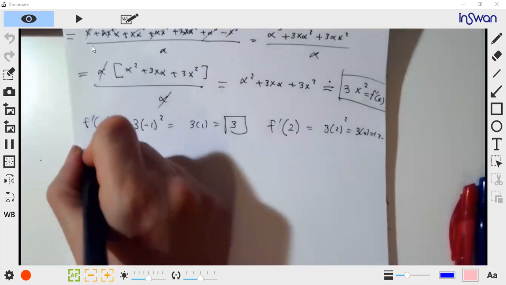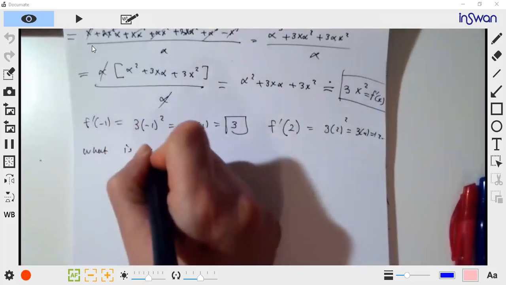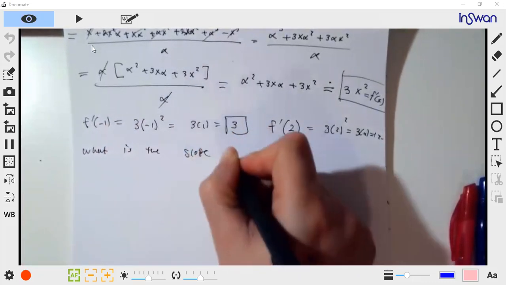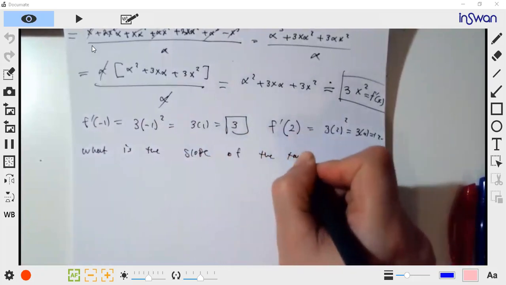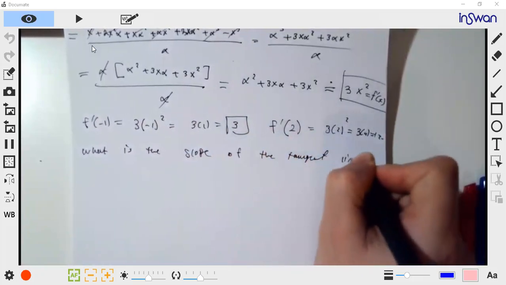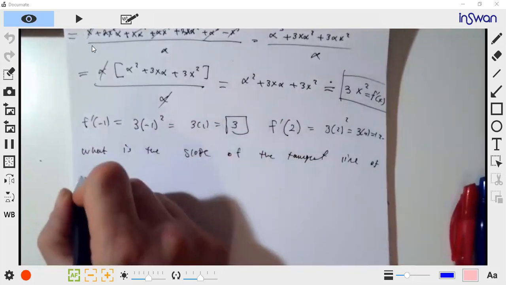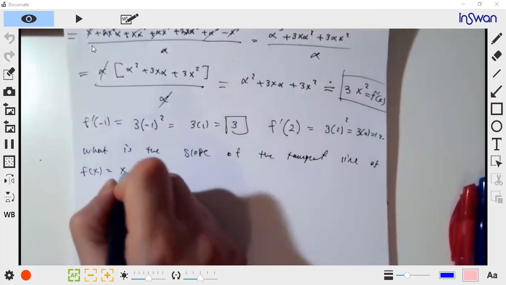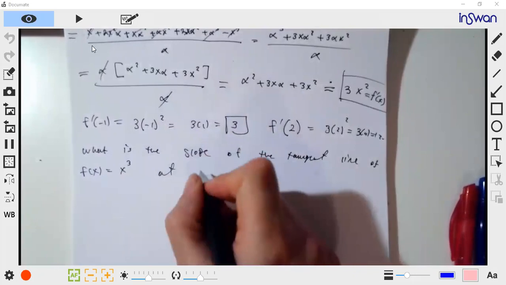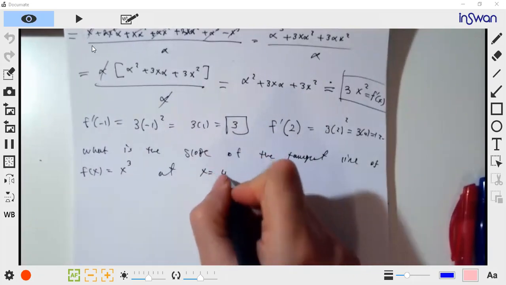So we can ask, what is the slope of the tangent line of f of x equals x cubed at x equals 4?